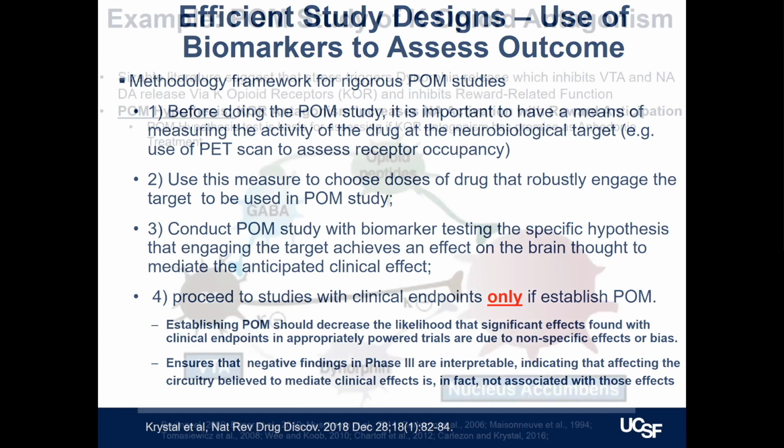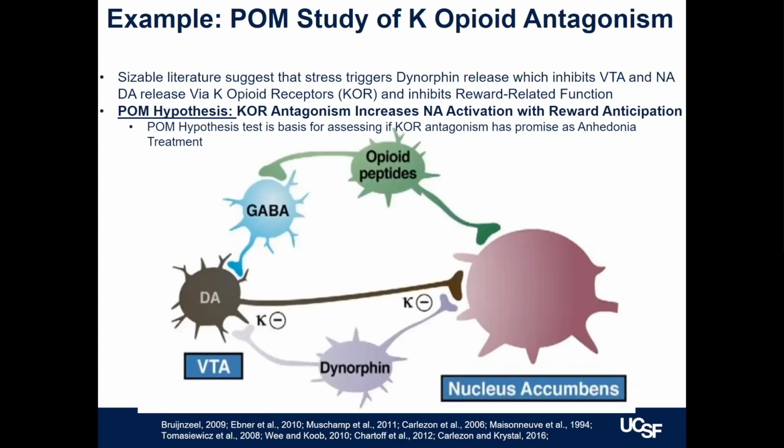So I'm now going to give an example of a study that I did in this framework and illustrate the steps involved, and hopefully this will be of help to people. I did a proof of mechanism study to assess whether kappa opioid antagonist drugs work. There is a kappa type opioid receptor.